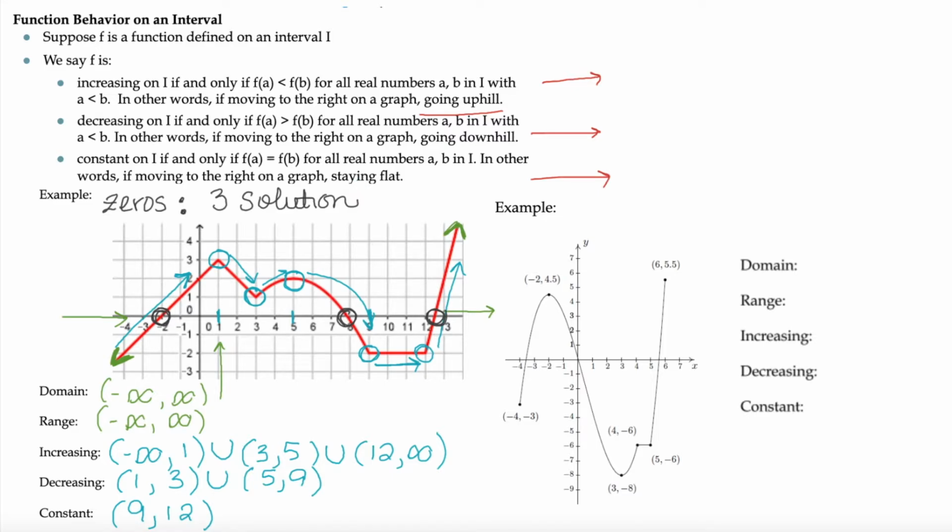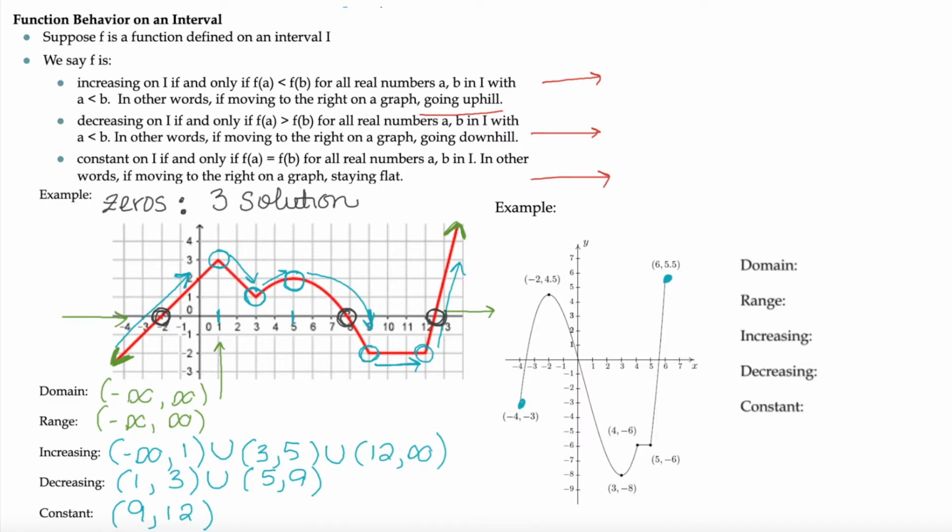Let's look at the next example then. Notice here on this particular graph that our graph starts here, it comes up, comes down, it's constant, and then it comes up till here. So we don't have any arrows, so our domain and range don't come from infinity. There's some stopping and starting points.